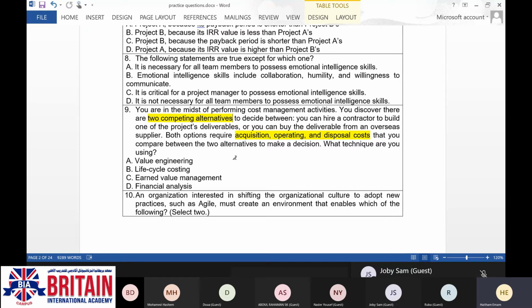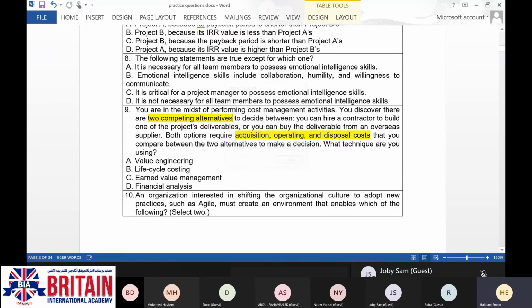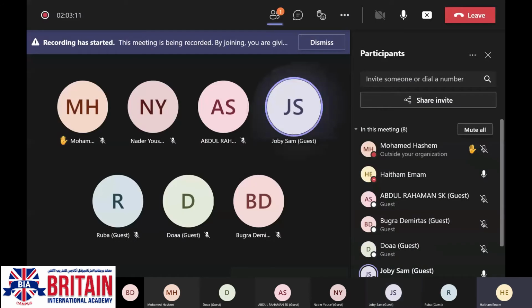What do we mean by value engineering? Let me ask you, I think Engineer Muhammad is the best one who can describe what we mean by value engineering. Yes, Engineer Muhammad.